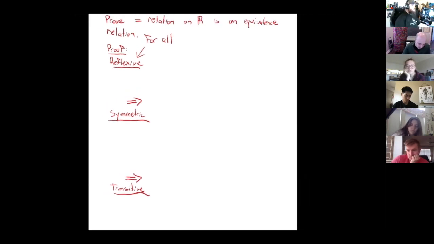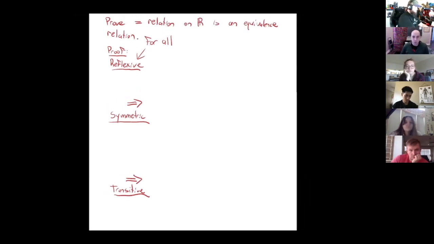Just to keep in mind, what sort of statements are we working with? These are all conditional statements. That means we might use direct proof, contrapositive proof, or proof by contradiction on these. The reflexive statement is a for-all statement, which we can think of as a conditional statement as well.